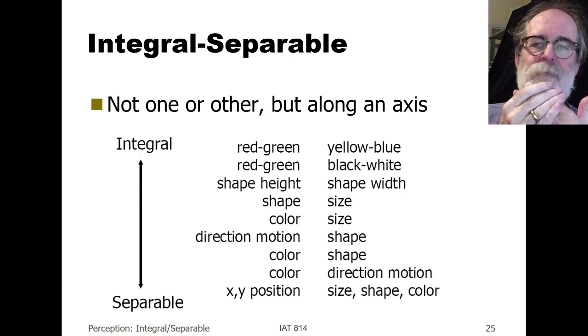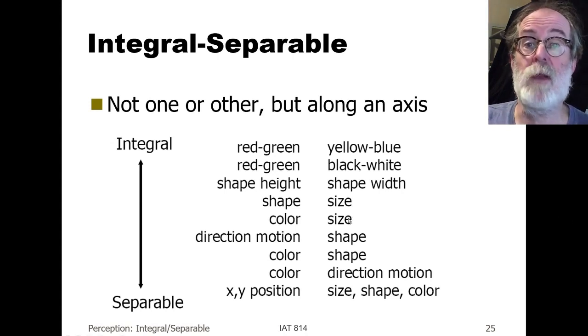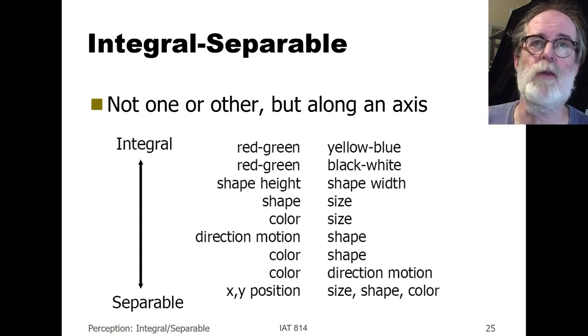You're just very, very hard pressed to pick out the red-green component from the yellow-blue component. Similarly, red-green from black and white, that is, light red, light green from dark red, dark green. It's a little bit easier, but it's still hard to do.